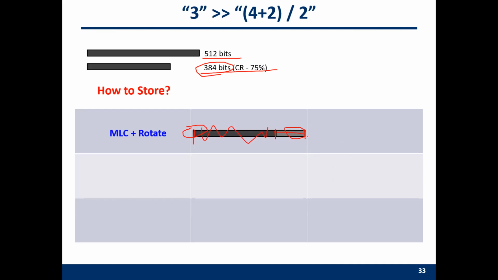You don't want to have this case. You want to do a little bit of rotation so that each cell in this line can be evenly worn out. So in this case, because you always have 30% of the cells having a rest, you can improve the lifetime by 30%.